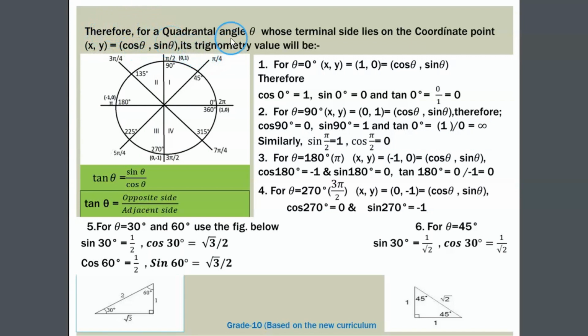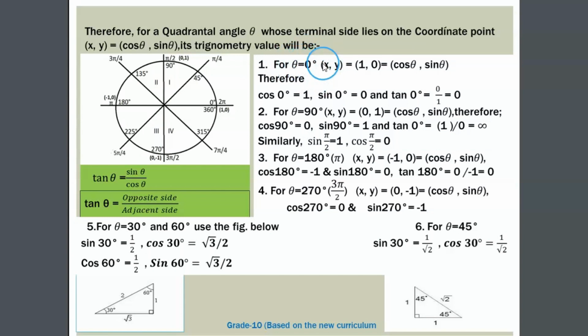Therefore, let's see what the trig values will be. Number 1, theta equal to 0 degrees.